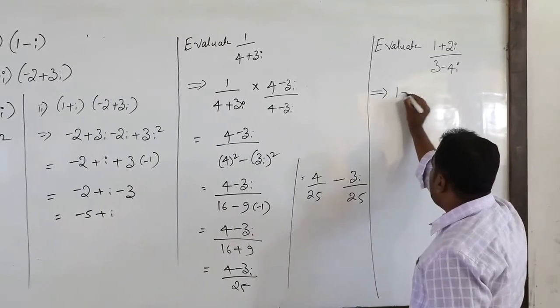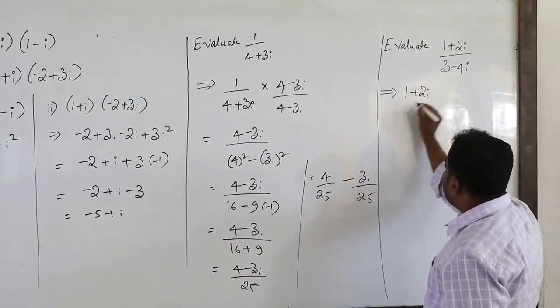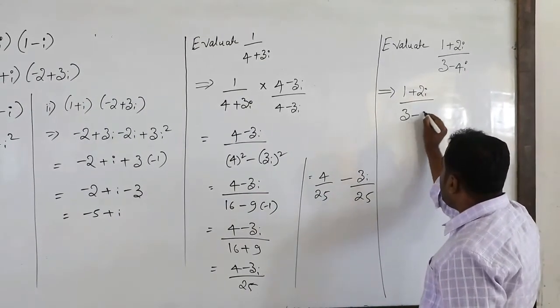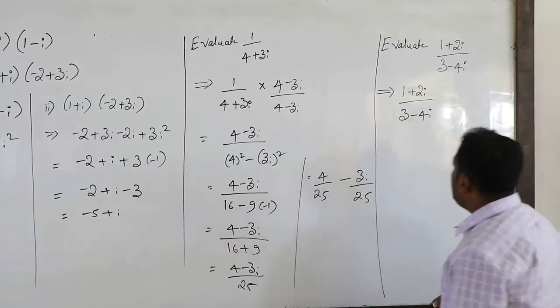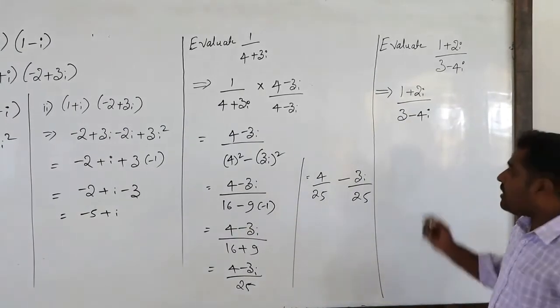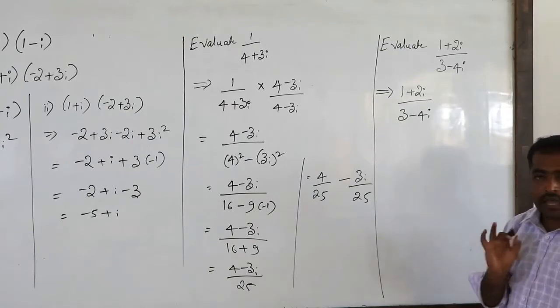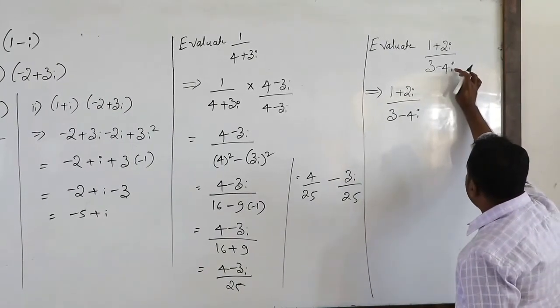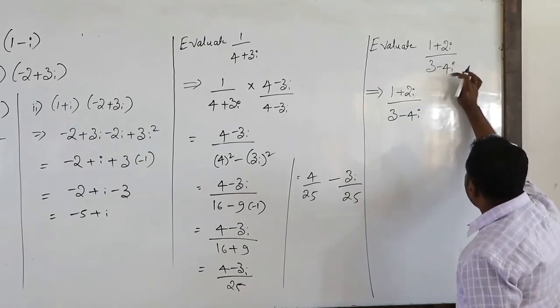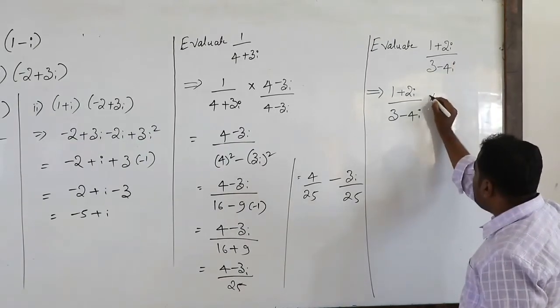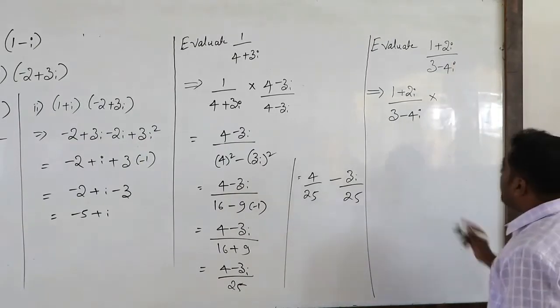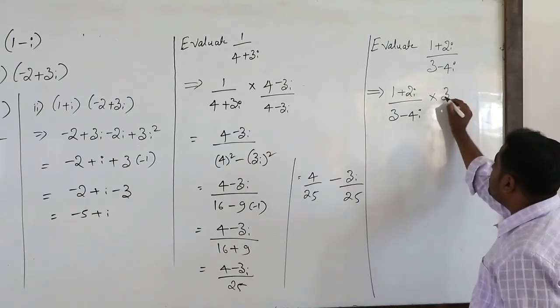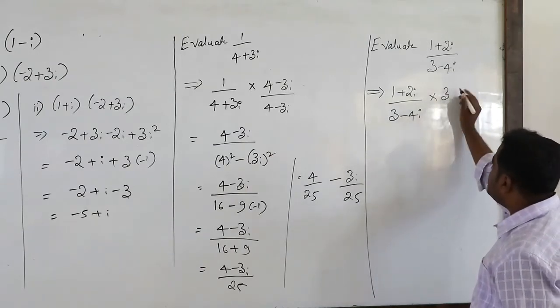Here 1 plus 2i divided by 3 minus 4i. Complex numbers are always in the form of a plus ib. If in the denominator i term appears, first we have to remove that i value. So multiply and divide by the same number. 3, if it is minus, we have to consider plus.